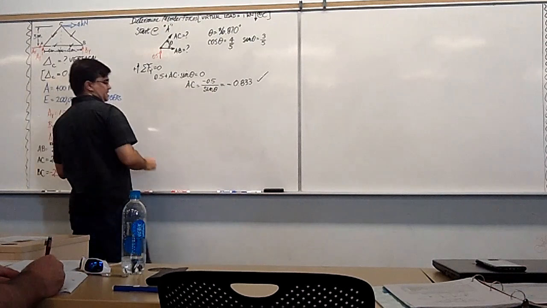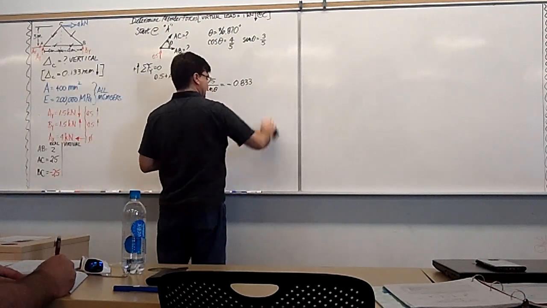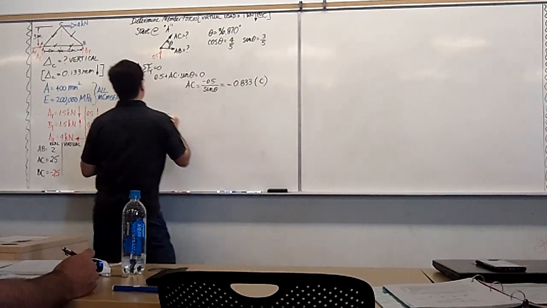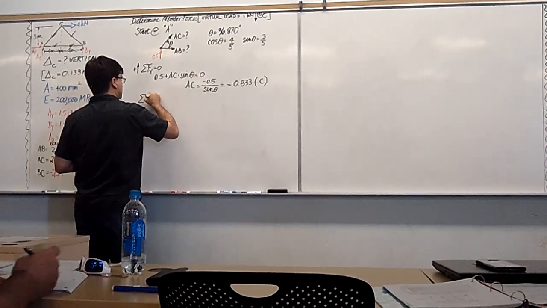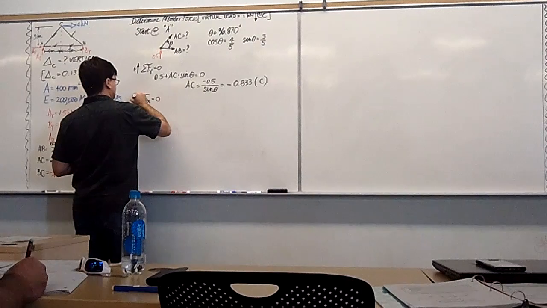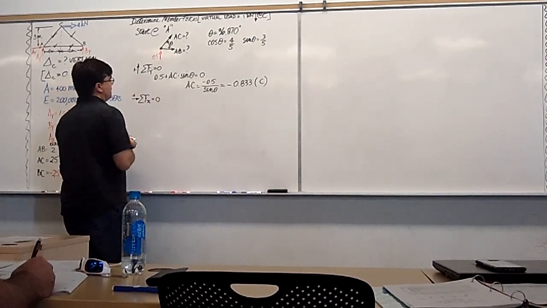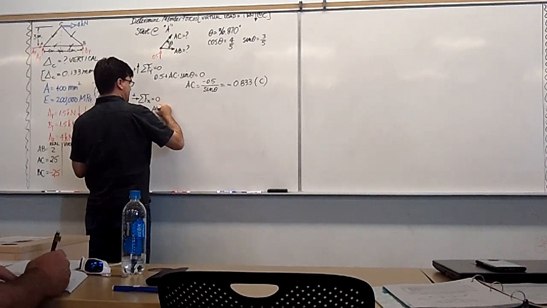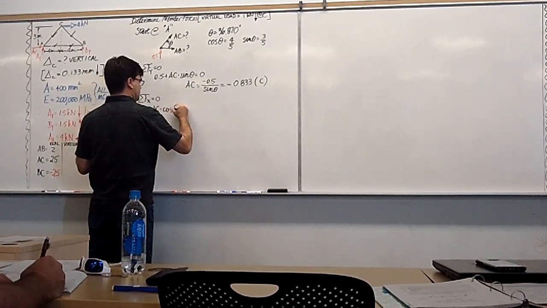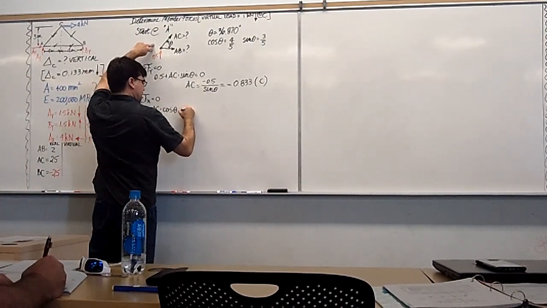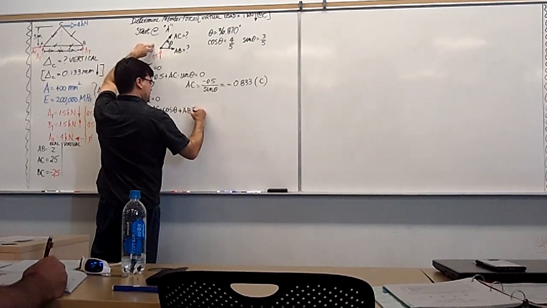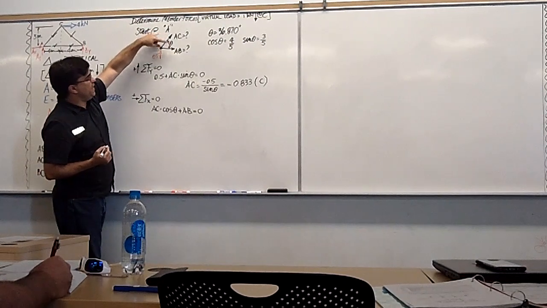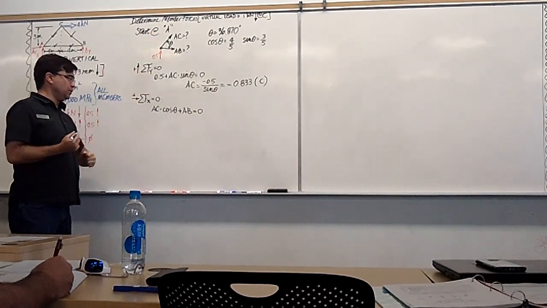Now that we have AC and we found out that it's negative, that tells us that it's in compression. Now let's do the sum of the forces in the x direction. In the x direction, we have AC times cos of the angle plus AB equals 0.